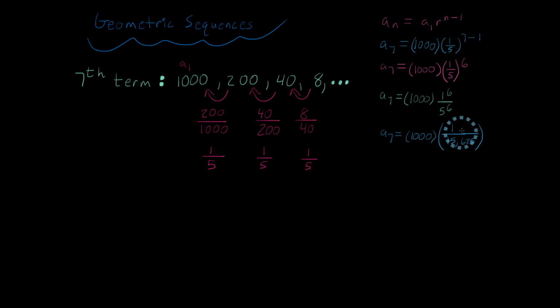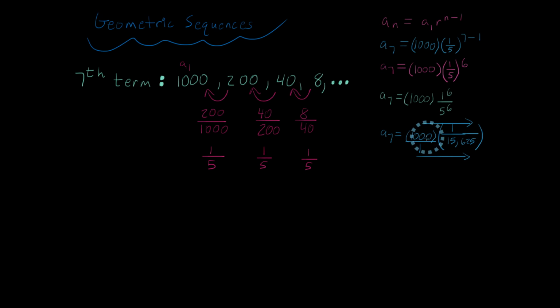And now the next step is to multiply 1,000 by 1 over 15,625. One way I can do this is to think about 1,000 as a fraction itself, which would be 1,000 over 1, which means I would multiply straight across on top, multiplying the numerators, and multiply straight across on bottom with the denominators.